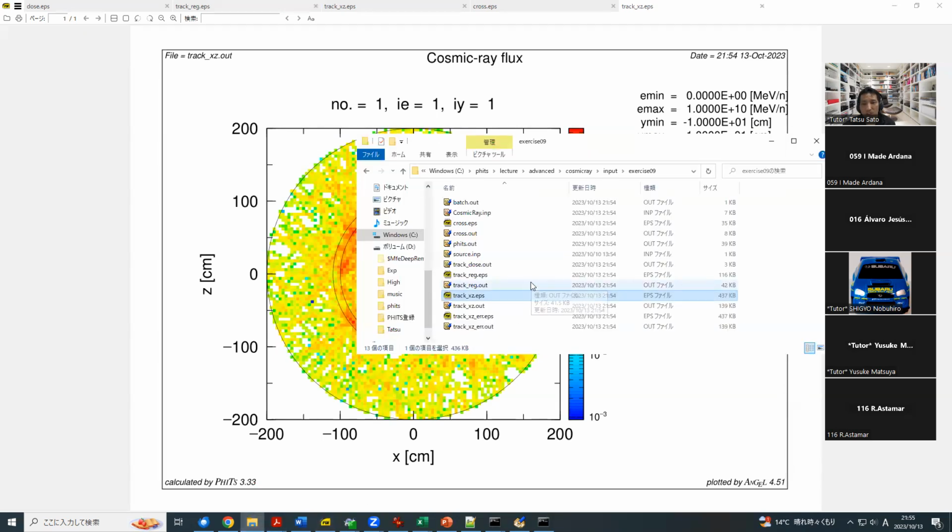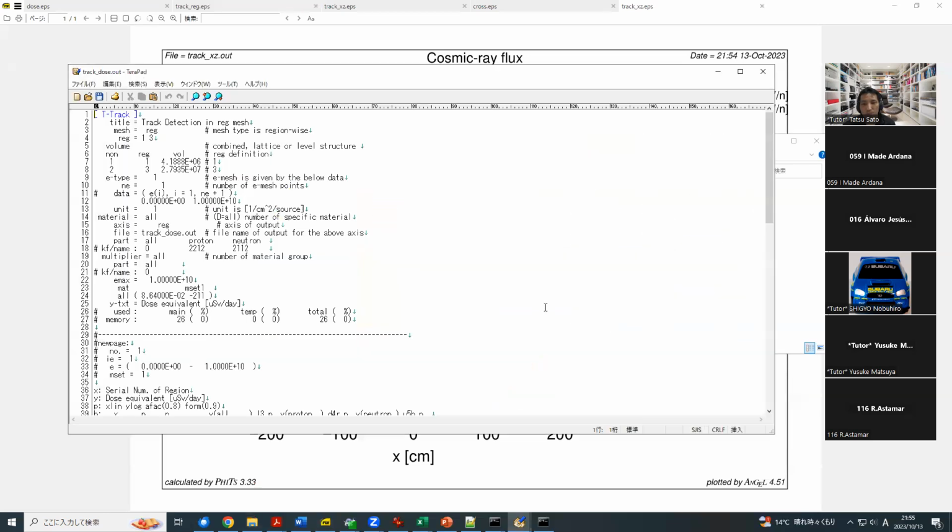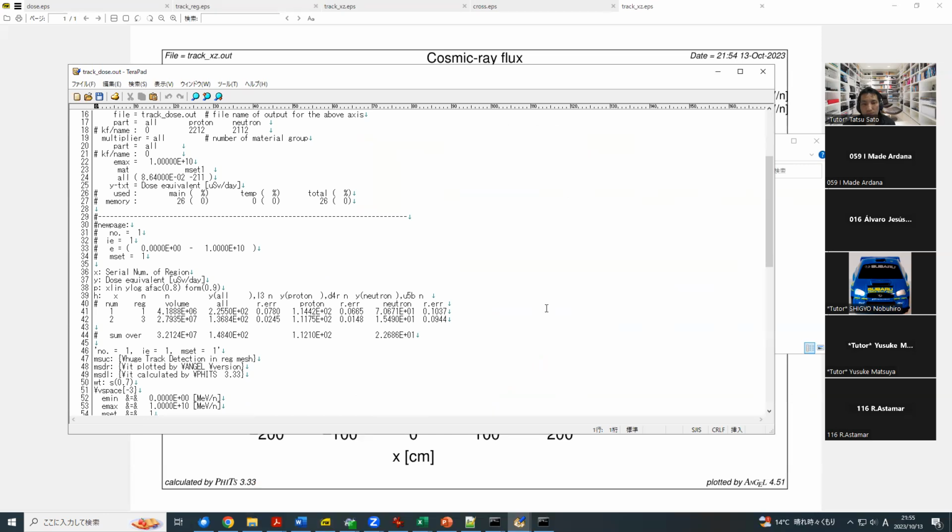And here, the total dose inside the sphere is higher than that of the outside.